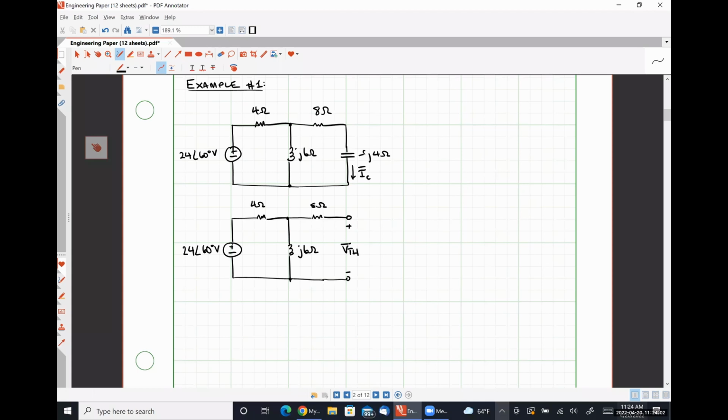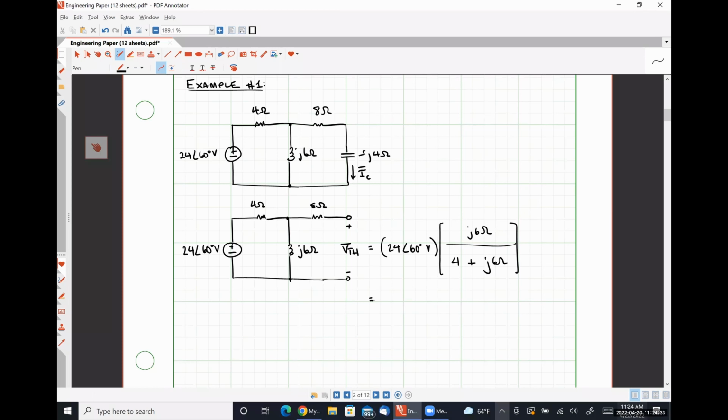So applying voltage division, VTH here is going to be 24 angle 60 degrees volts multiplied by J6 ohms over 4 plus J6 ohms. And because we have complex numbers, there's no way I can do this in my head.